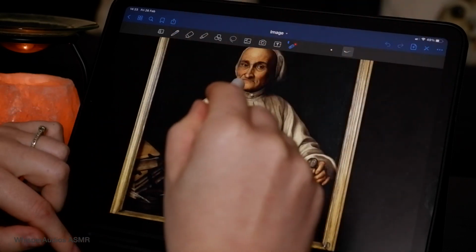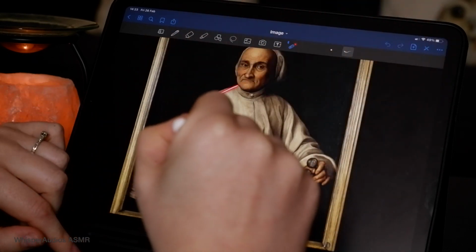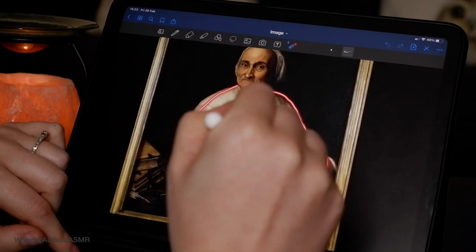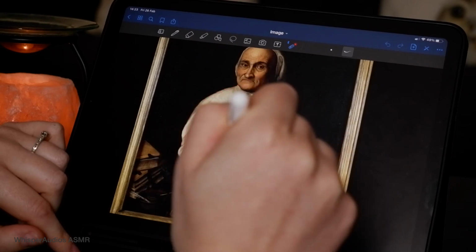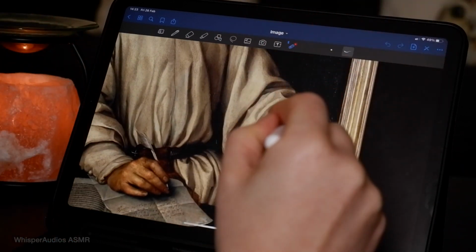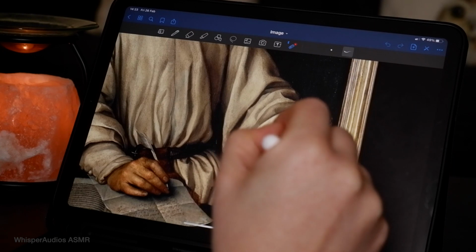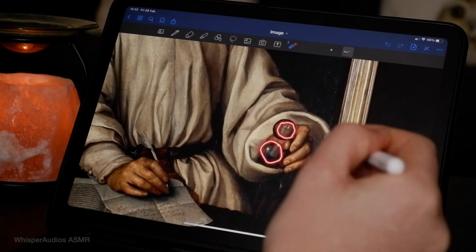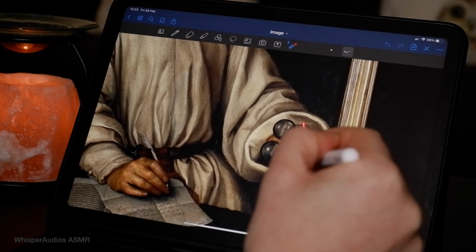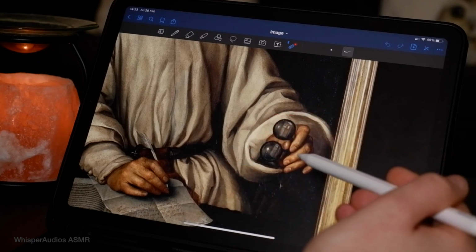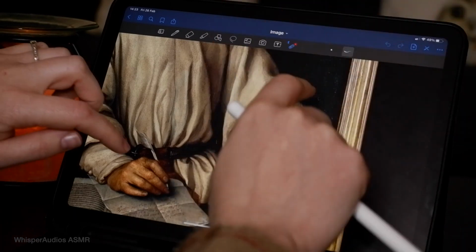It looks like he is in plain robes, in a scholarly kind of fashion. In his left hand he holds an object which looks like two spheres, but I think it might be a pair of spectacles. I'm not sure.